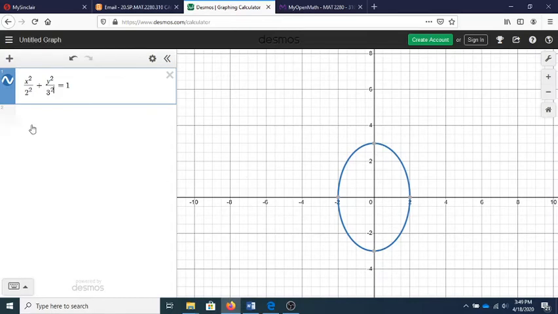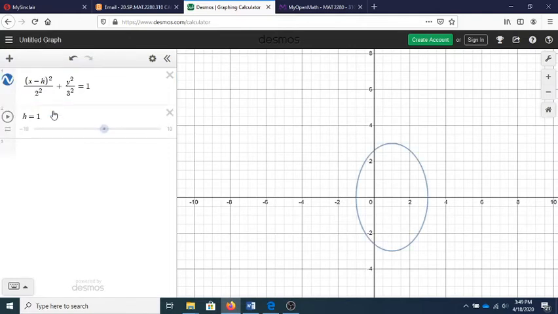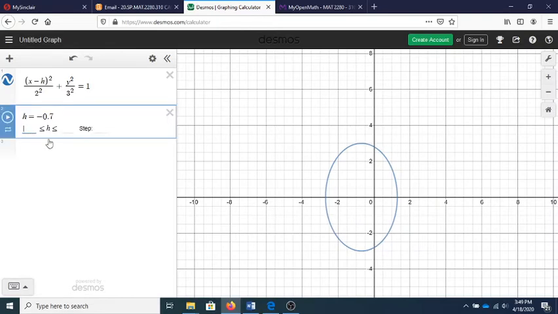Now, we've already been reviewing the fact that if I want to shift the center, then I have to put shifts on x and y. So let's put x and y in parentheses. Let's say I subtract h from x. Let's tell it we want that slider to go from, say, negative 5 to 5 in steps of 1.